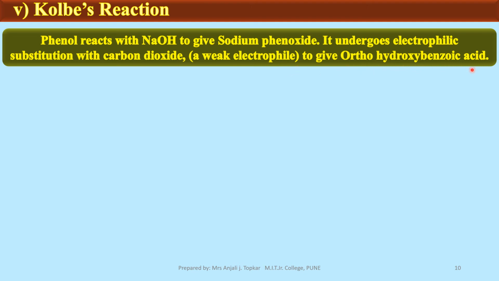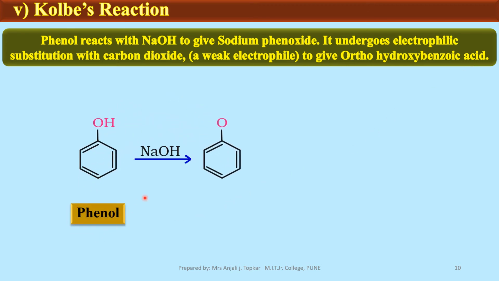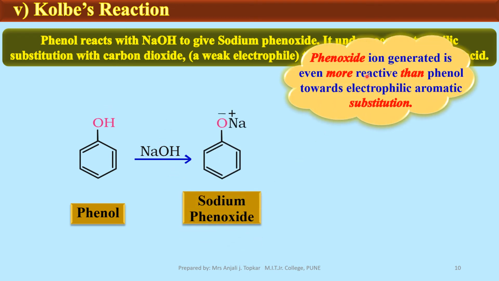Phenol reacts with NaOH to give sodium phenoxide. Phenoxide ion generated is even more reactive than phenol towards electrophilic aromatic substitution reaction.